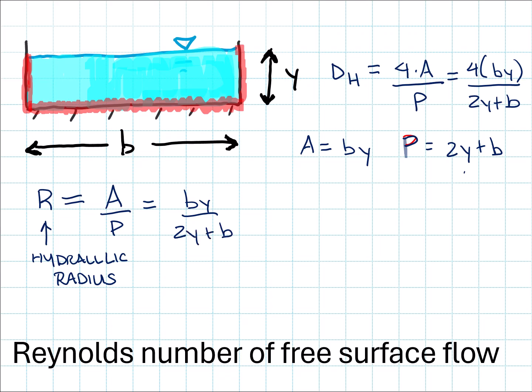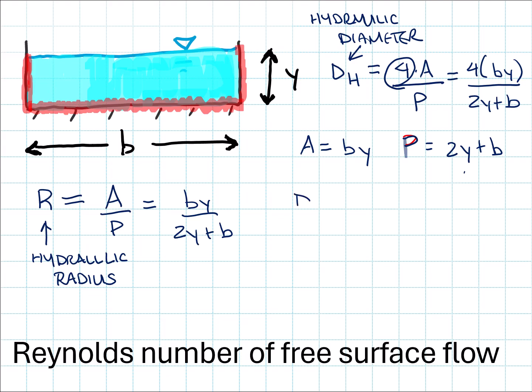And if I make a comparison of my hydraulic radius and my hydraulic diameter, I can see that they are similar to one another, but that they vary by a factor of 4, right? My hydraulic diameter is 4 times the cross-sectional area divided by the wetted perimeter, whereas my hydraulic radius is just cross-sectional area divided by wetted perimeter.